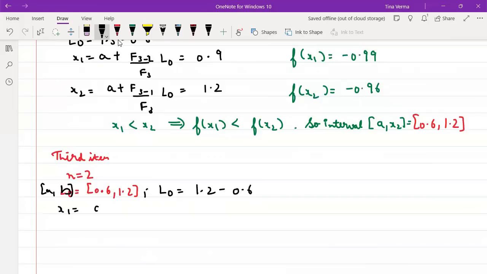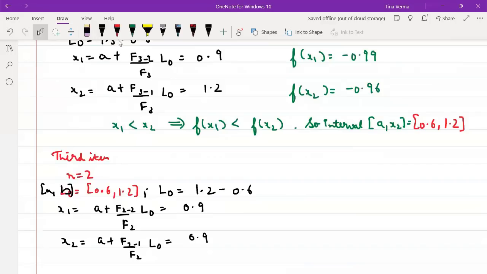You will calculate x1: a plus f2 minus 2 divided by f2 into your L naught. It is coming out to be 0.9. And x2 is a plus f2 minus 1 divided by f2 into L naught. It is again coming as 0.9.